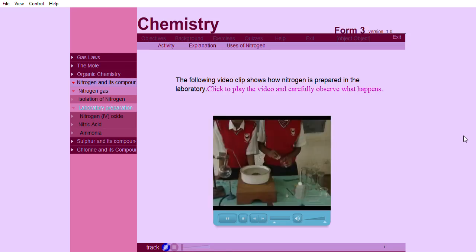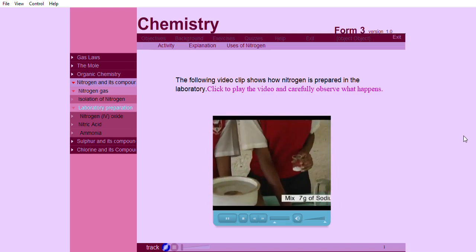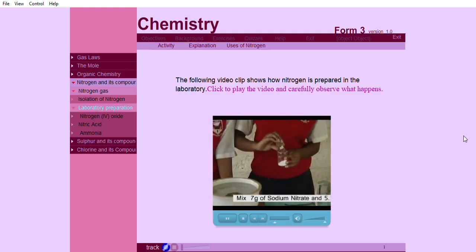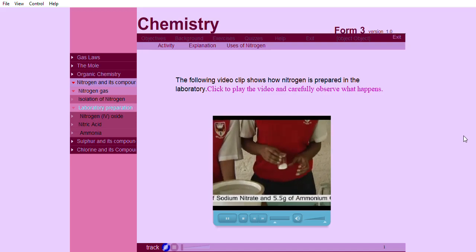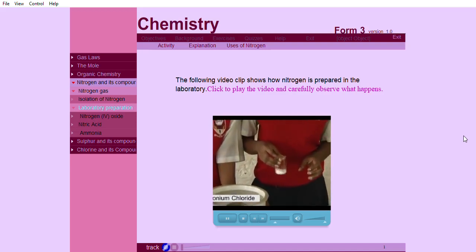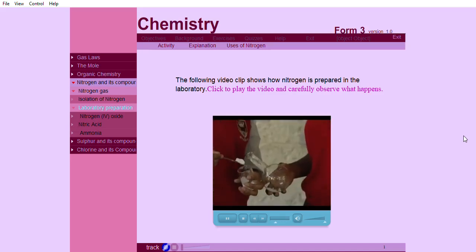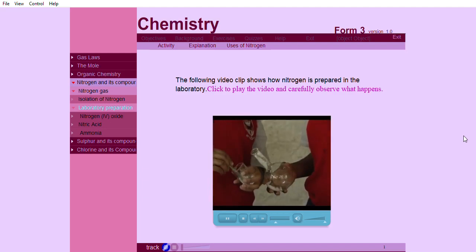Procedure: mix 7 grams of sodium nitrite with 5.5 grams of ammonium chloride. Place the mixture in a round bottom flask.